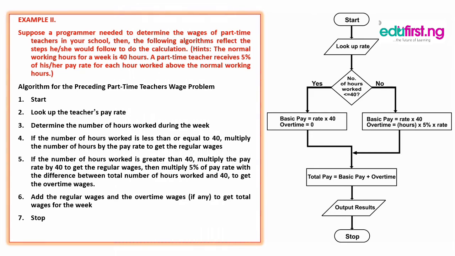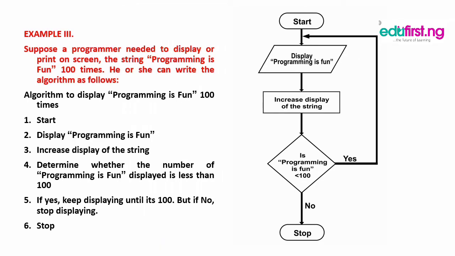We have another example, example 3. In this one, suppose a programmer needed to display or print on screen the string of words "programming is fun" 100 times. He or she can write the algorithm as follows. The title first: algorithm to display programming is fun 100 times. We have 6 steps in this case. The first step is start.